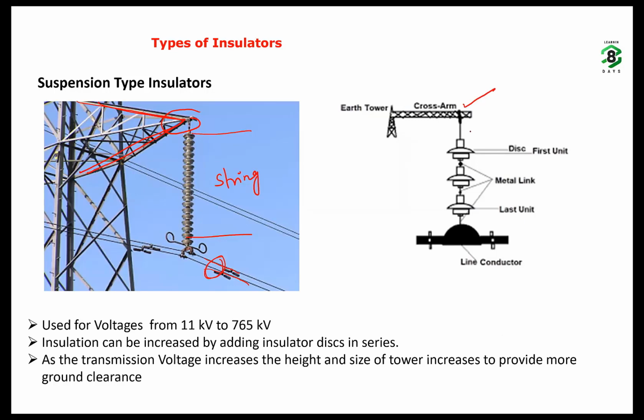This is the first disc connected to the cross arm. A metallic link is present between one disc and the other disc. These are the metallic links.